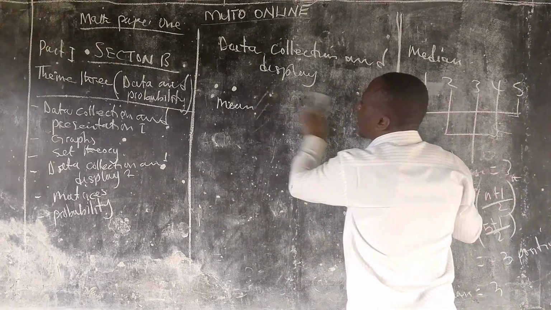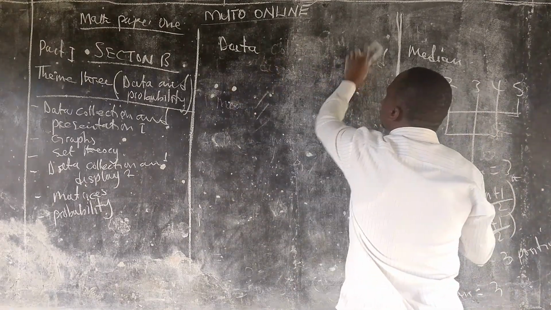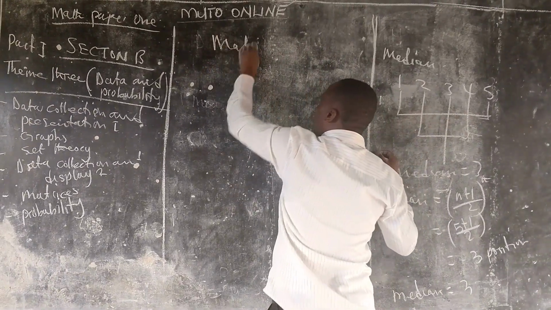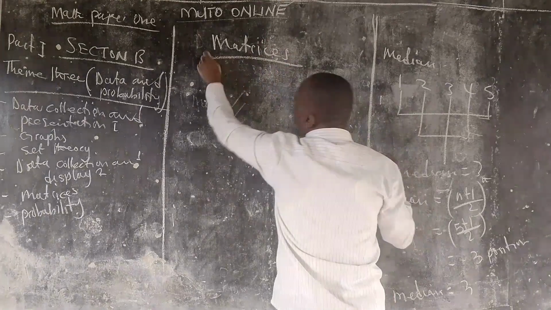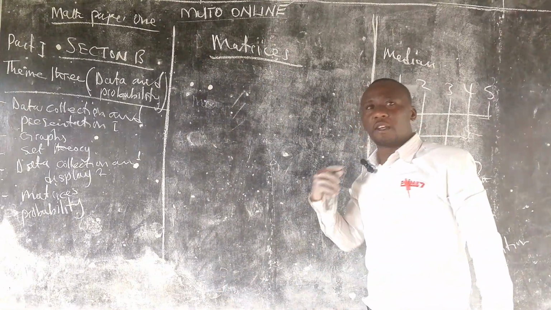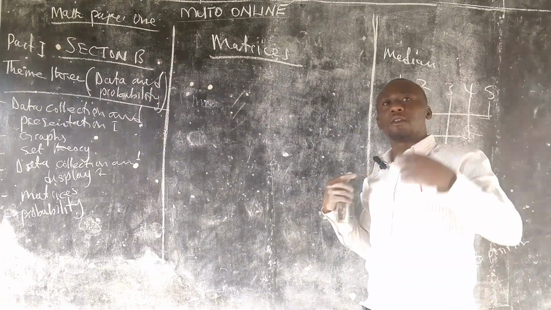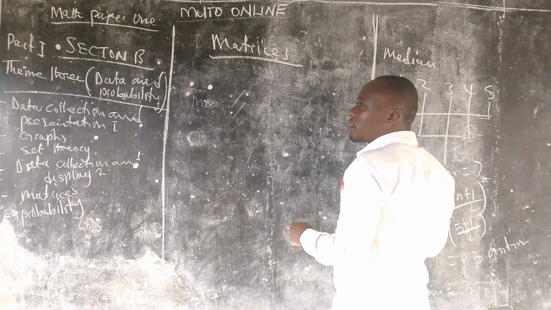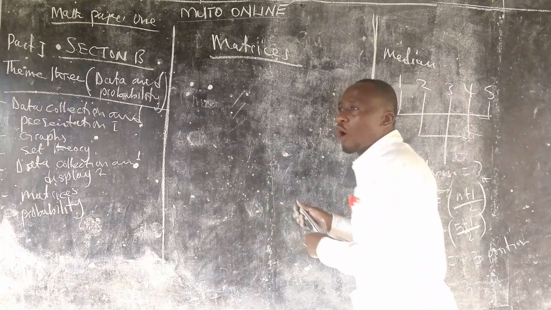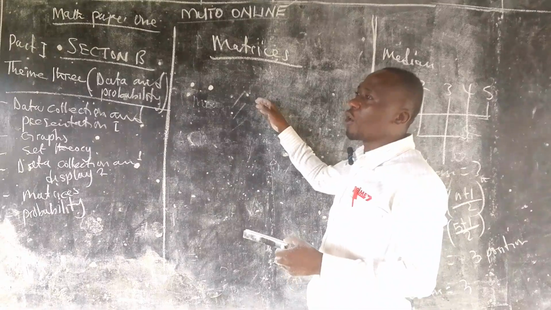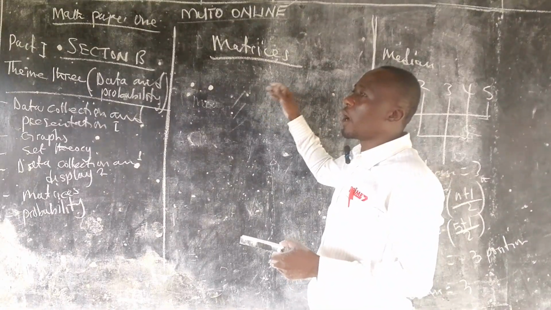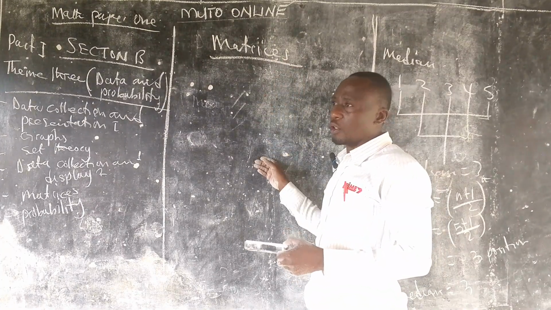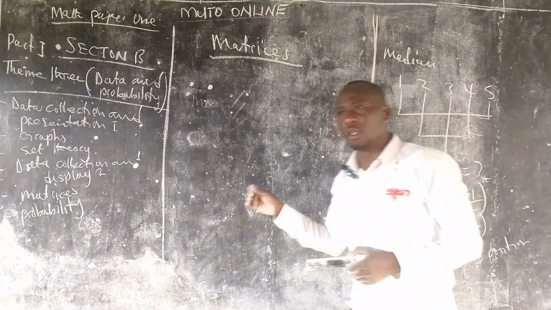Let us look at matrices. This topic helps us more in the way that when you are dealing with matrices, it helps us in daily life to know who is the winner. Suppose there are 3 teams participating in the PP competition or post-primary competition.